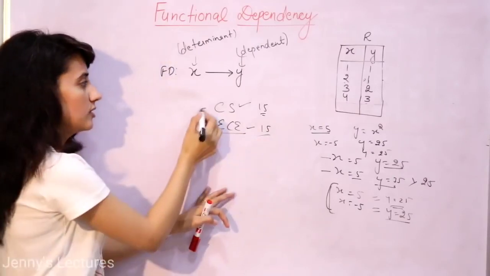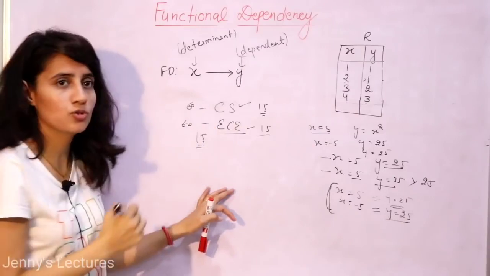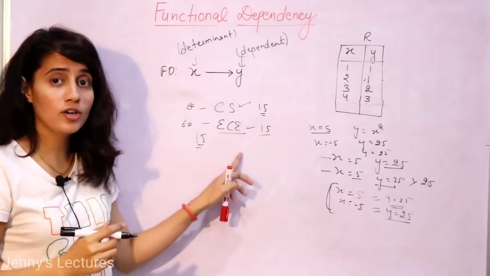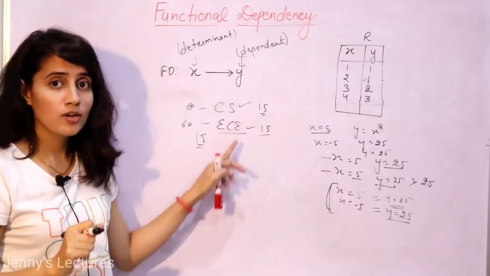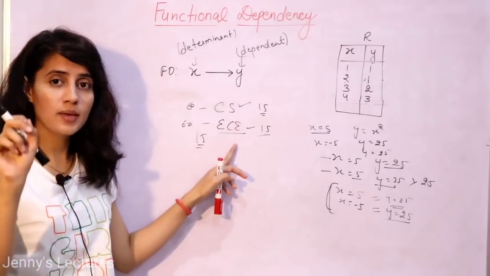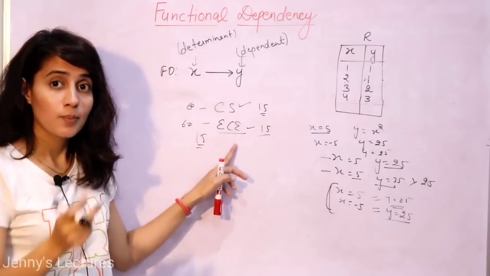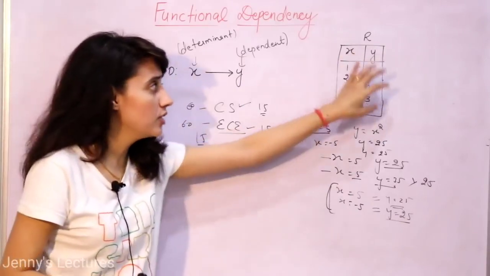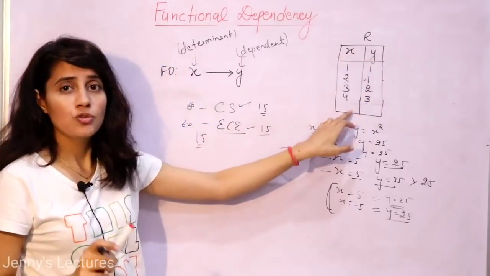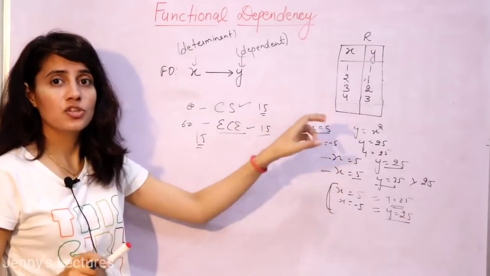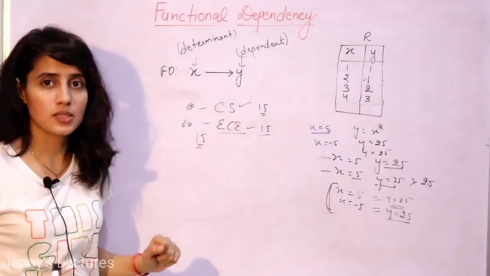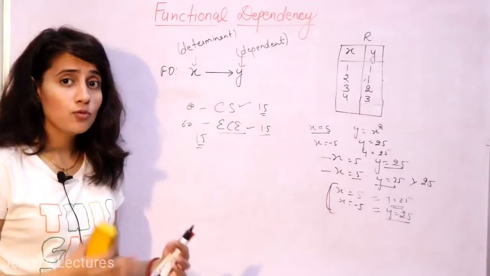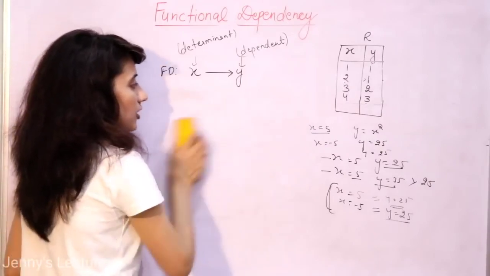Yes, suppose in CS I have 60 students, there also I have 60 students, right? So here I cannot determine with the help of roll number. So here roll number determines name is not a functional dependency, right? But in the previous case it was a functional dependency. So it depends on the relation, whatever relation you have, based on that relation you need to find out the functional dependency, right?